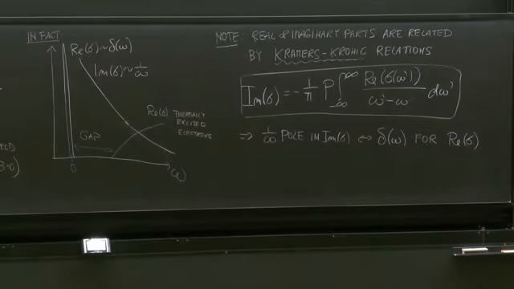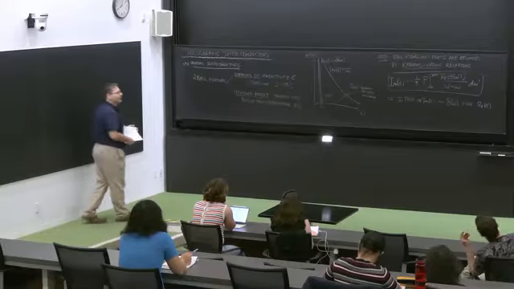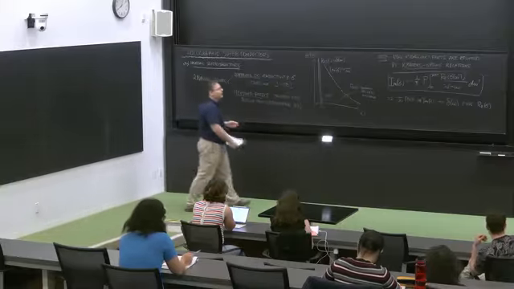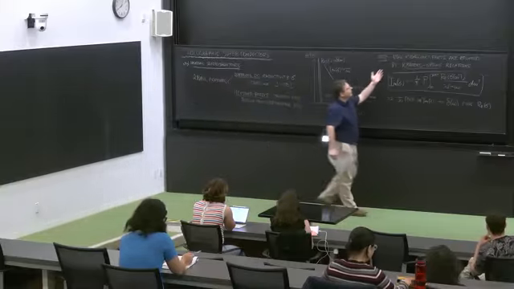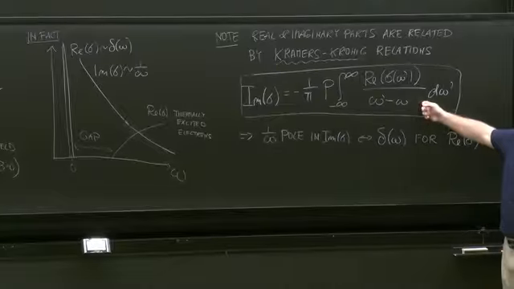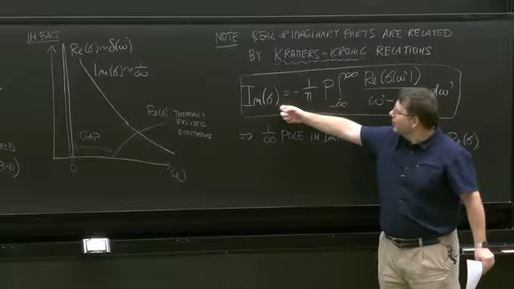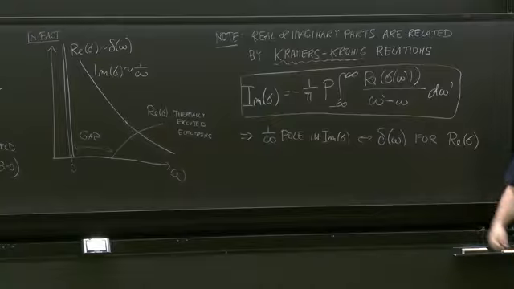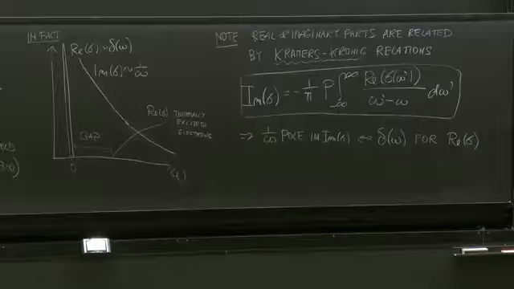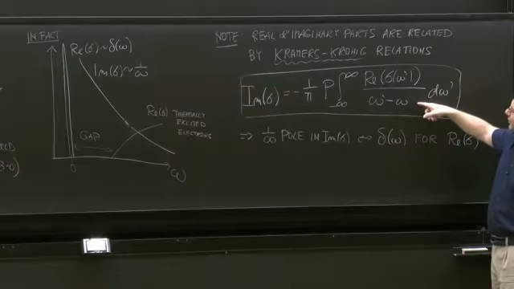Now there are the Kramers-Kronig relations, which interrelate the real and imaginary parts. In this formula, which involves the principal value of the integral, the imaginary part is given by some integral over the real part. If I take my real part to be delta of omega, then this integral is very easy to do.